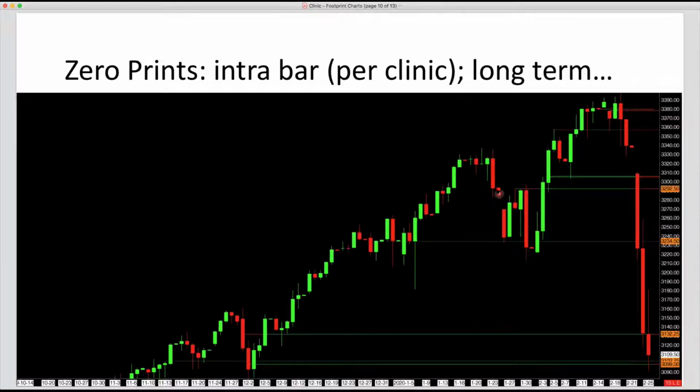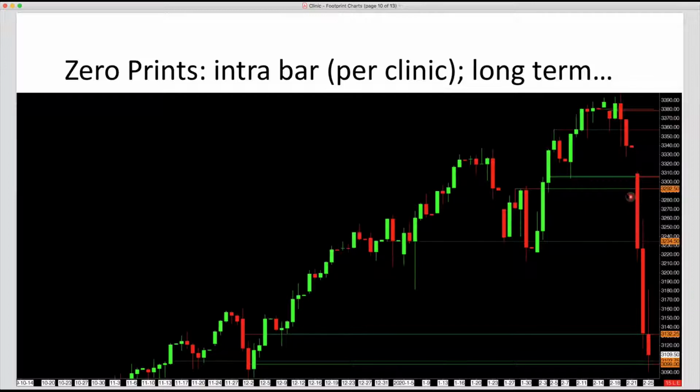But I do pay attention to these levels long term because, well, we can do it two ways. We can look to quickly fade them intraday because they can act as inflection points, or what I like to do is be aware of them as potential stopping points on the way down.